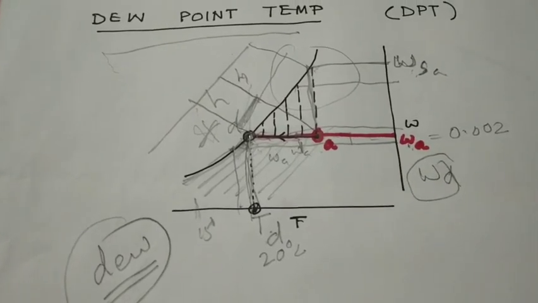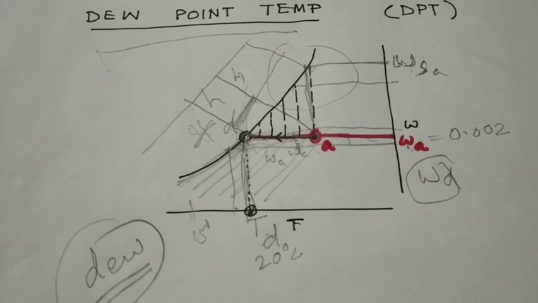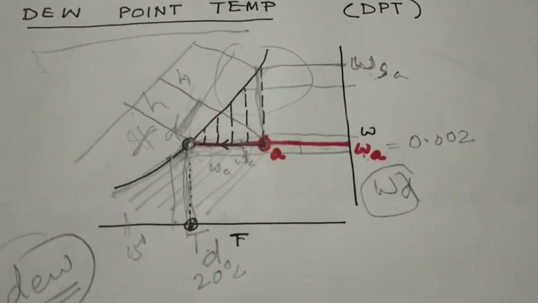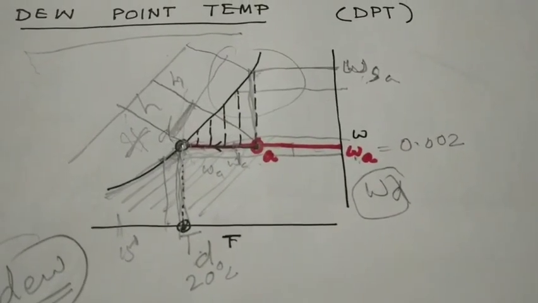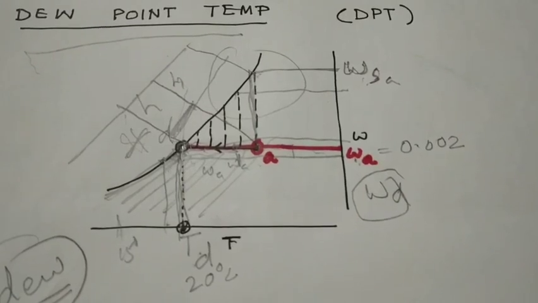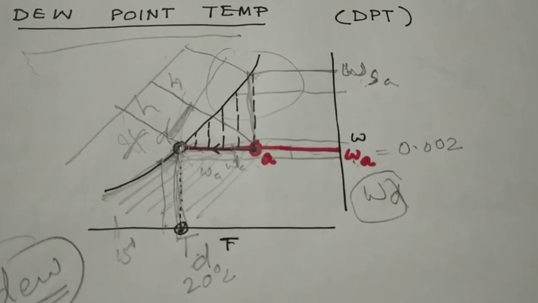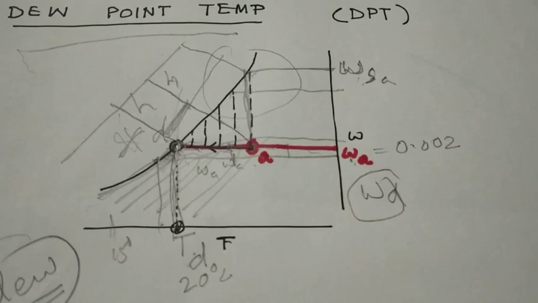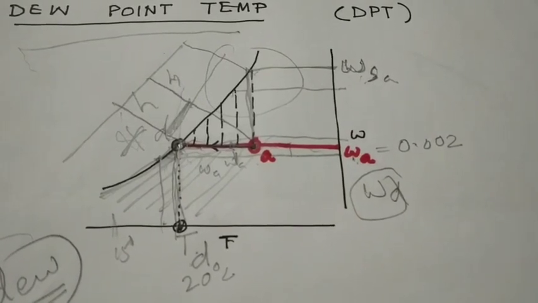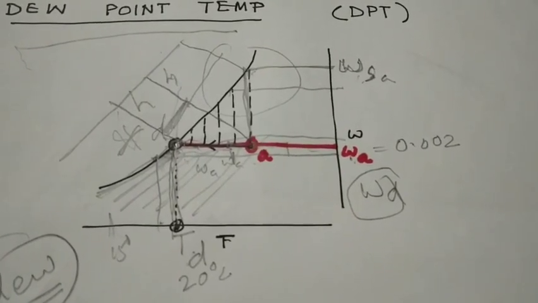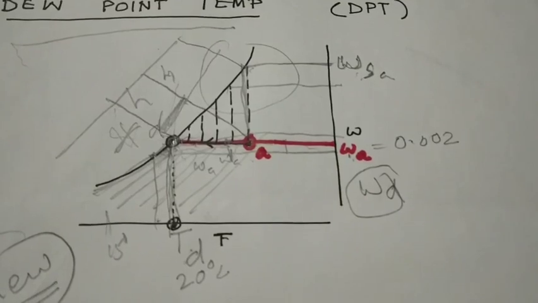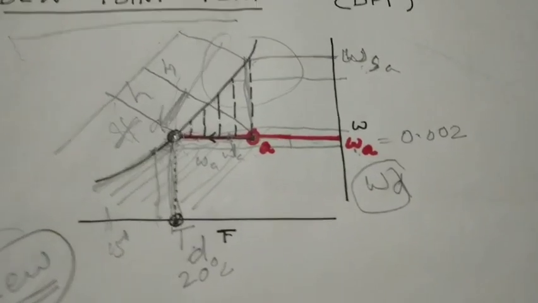I am again repeating. If we have any air, A, B, C, D, any air, and if we decrease the temperature of the air, after a certain point the air will not further decrease its temperature, but there will be a saturated point D which will be approaching.